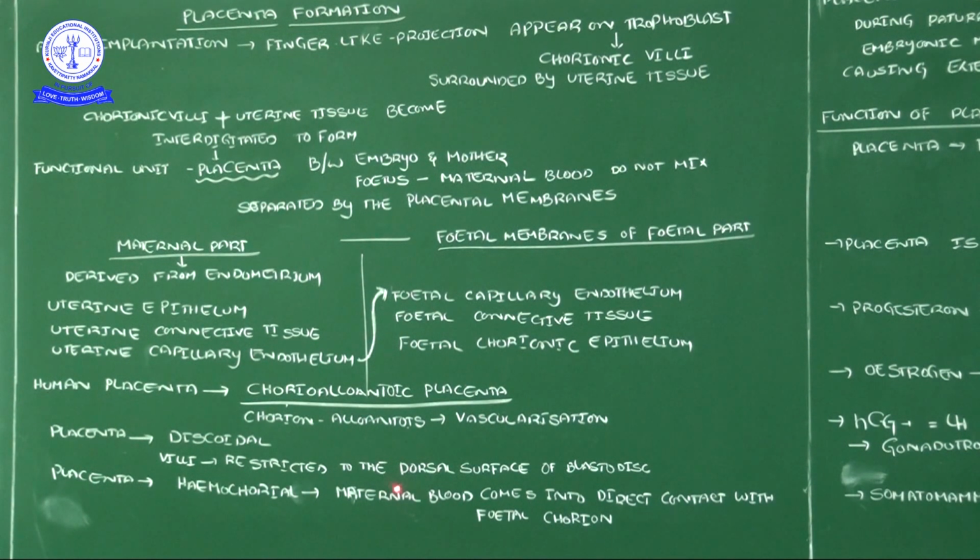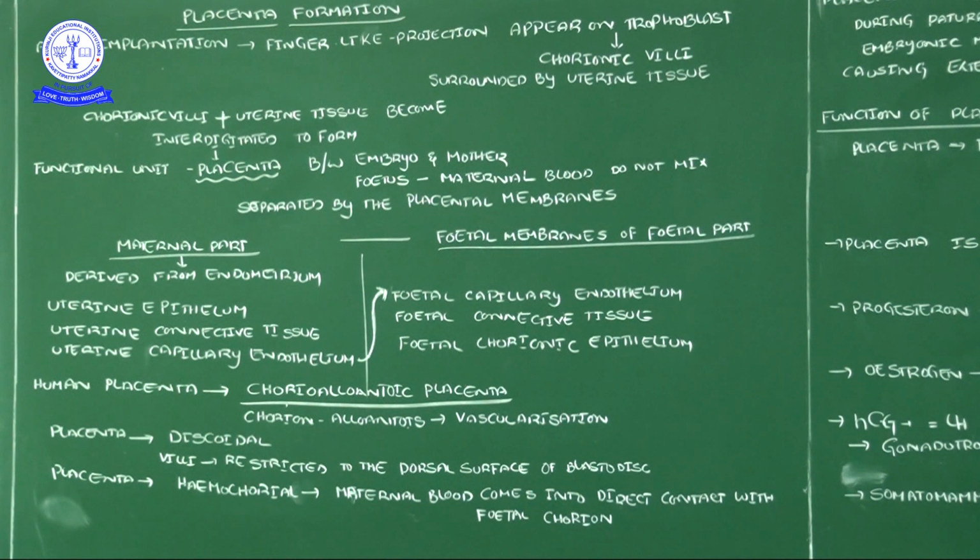Which side? The dorsal surface area of the blastocyst, blastodisc, whatever it is. So due to the dorsal surface of the blastocyst forming the villi, which are involved in the placenta formation, due to that character we call the human placenta a discoidal placenta.